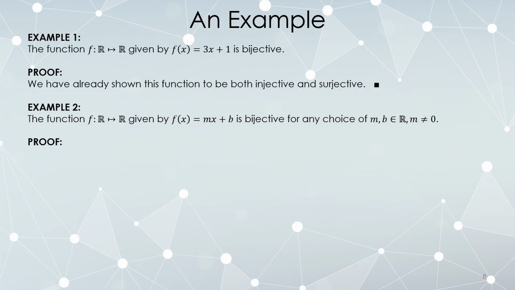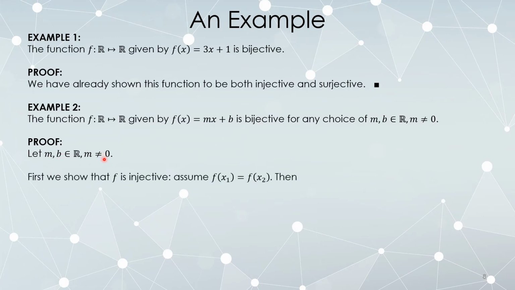So let's prove it. Well, how do I prove something is bijective? We claimed this was true for any choice of m and b as long as m isn't 0. So choose any m and b, and all we know about m is that it's not 0. We need to show the function is bijective, so we need to show it's injective. Then we'll worry about surjectivity. How do you prove a function is injective? Assume f of two things spit out the same result.